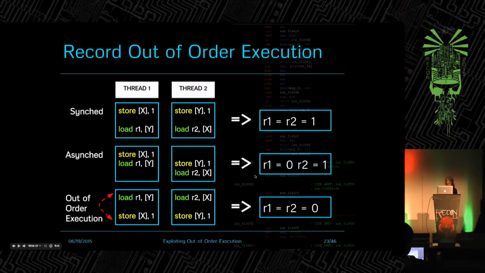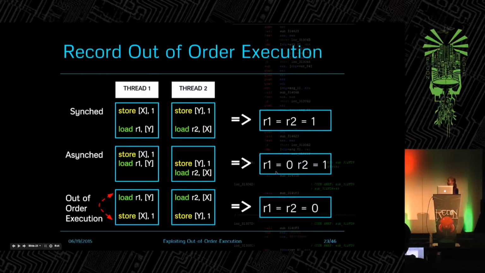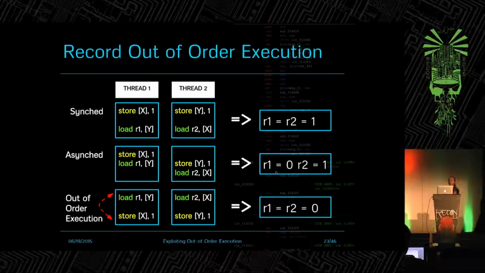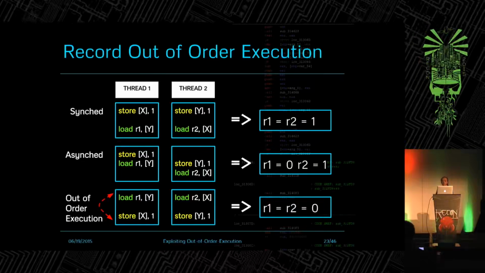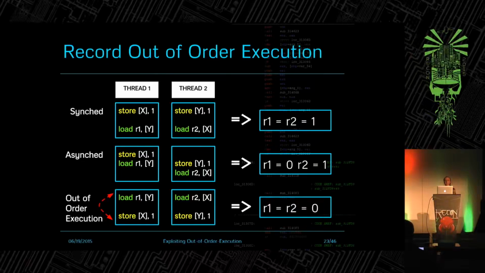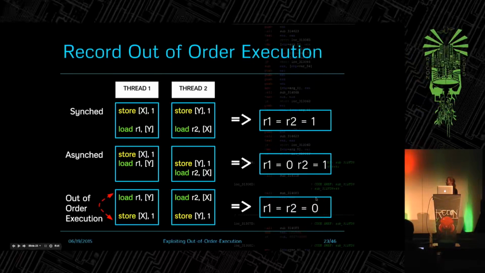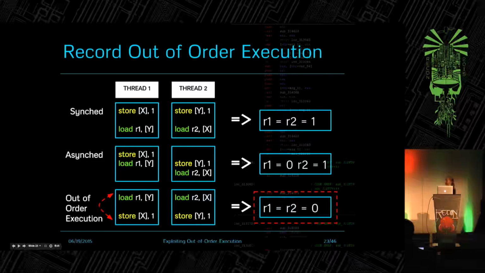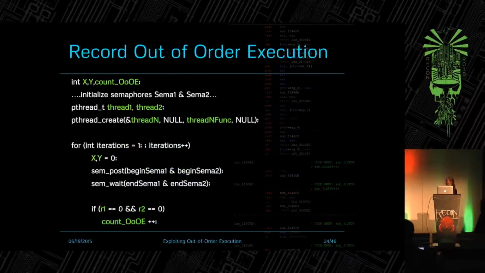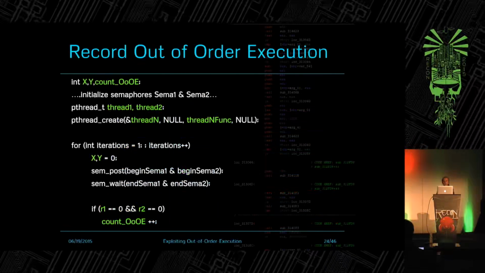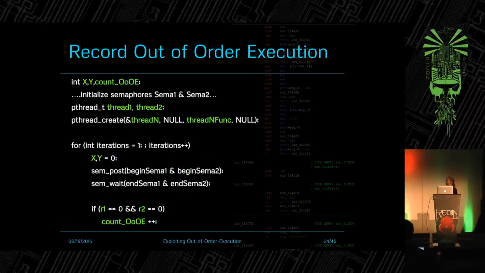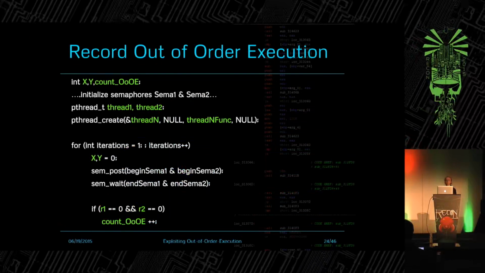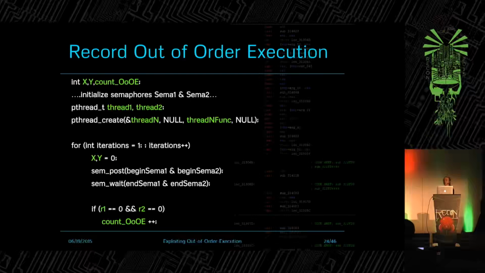However, in the final case, the out-of-order execution case, the loads are actually reordered in front of the stores. And in that scenario, x and y were preset to 0, so we're going to get R2 and R1 equal to 0 as well. And that's the out-of-order execution case we can count. So this is just the pseudocode of our receiver. We're iterating through these two threads thousands and thousands of times in certain time frames.